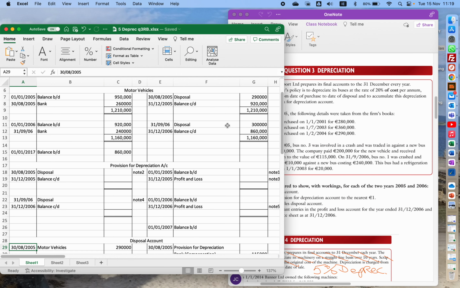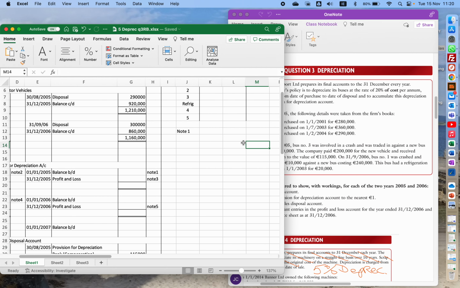This is all the depreciation on the thing I sold. Note 3 is all the depreciation that happened during the first year, only during the first year, and I'll balance this account. Note 4 is all the depreciation on the thing I sold in the second year, and the depreciation expense that happened during the second year. Yep? Okay.